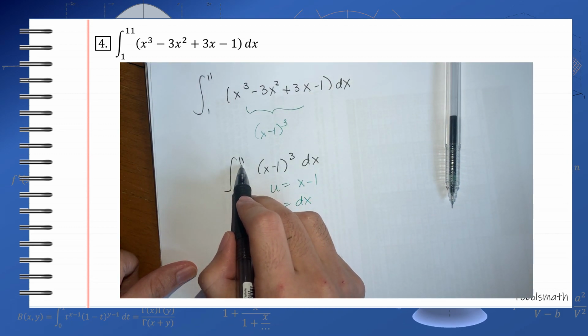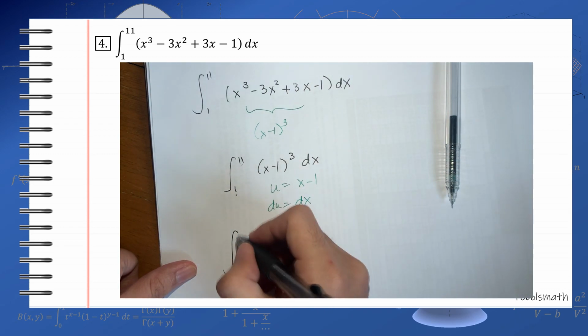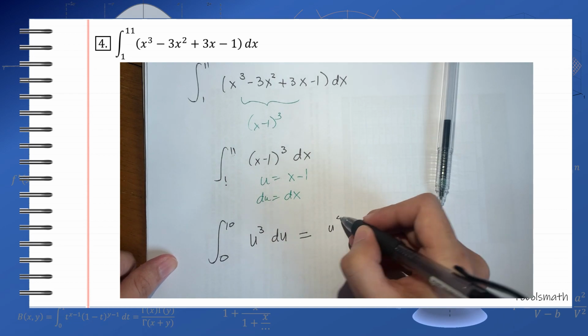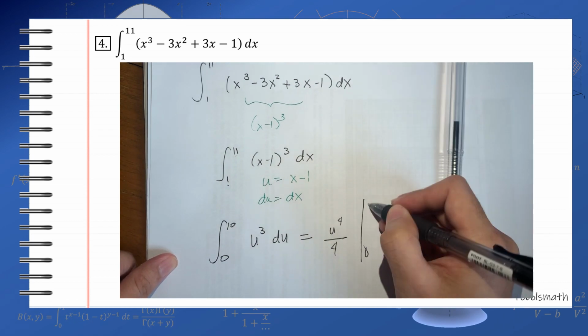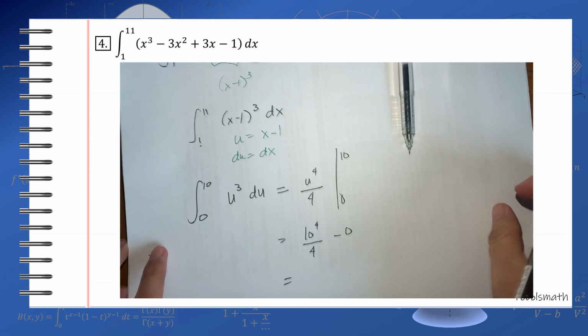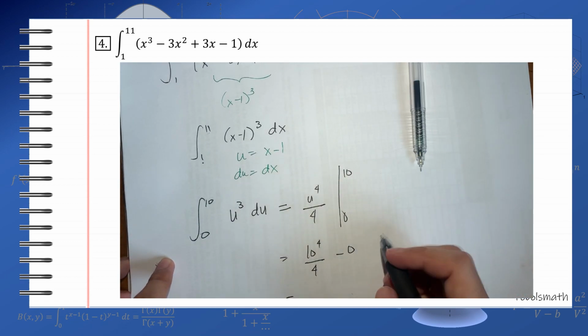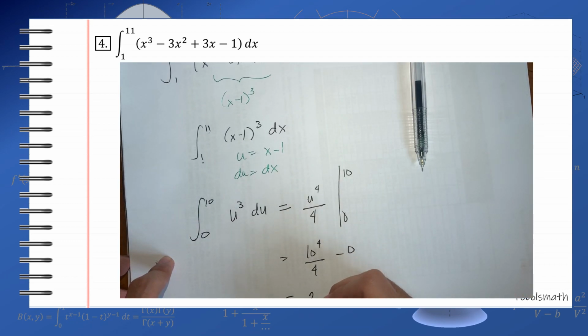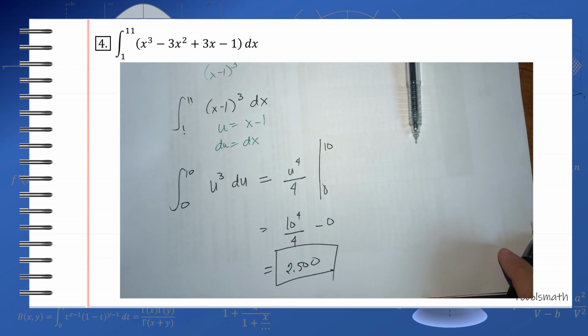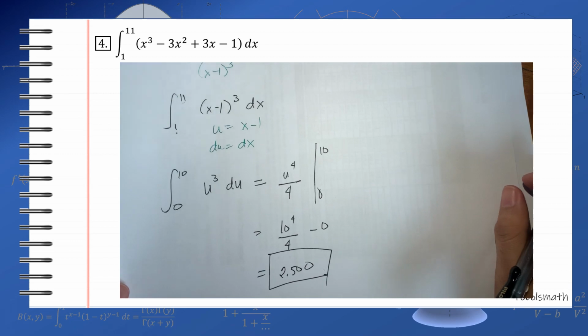At x equals 11, u is equal to 11 minus 1, so that's 10. Then integrating this, power rule, u to the 4 over 4, from 0 to 10 is equal to 10 to the 4th over 4 minus 0. And this is 10 to the 4th, so that's 10,000 over 4. That gives you 25. So the answer is 25.